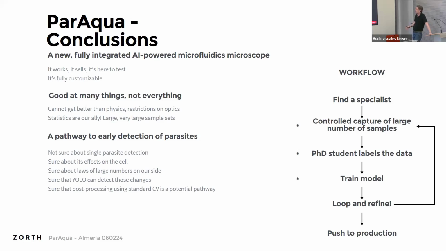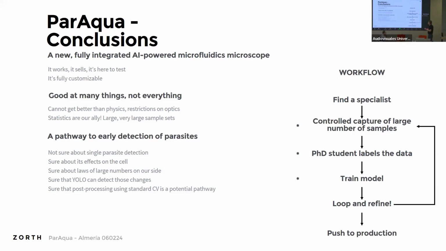Much, much easier. We're sure about their effects on the cells, and we're sure that we can detect that very easily, actually. And that means that they've already parasited the cell, and that it's time to act. We're sure as well about the law of large numbers being on our side. And we're sure that YOLO can detect those changes, at least at the cell level.